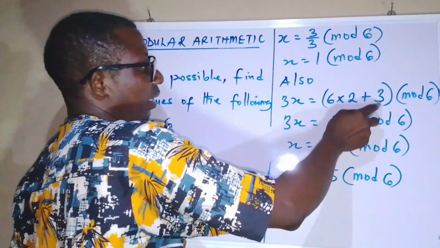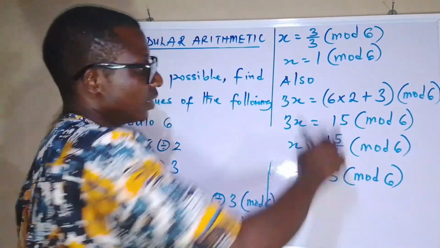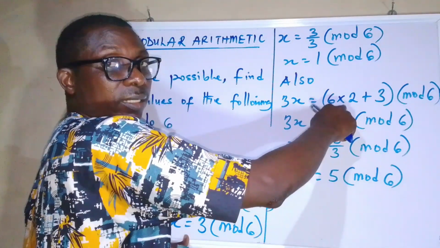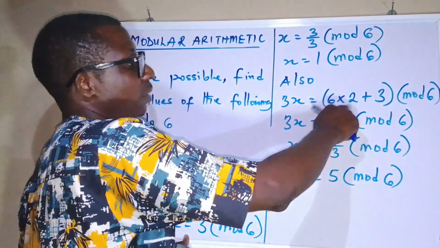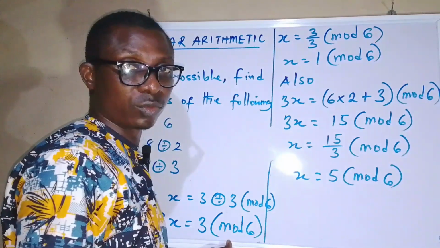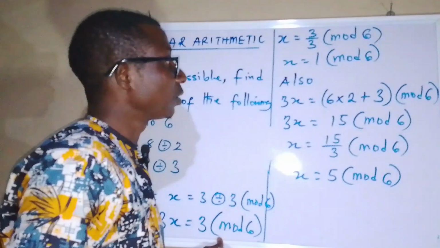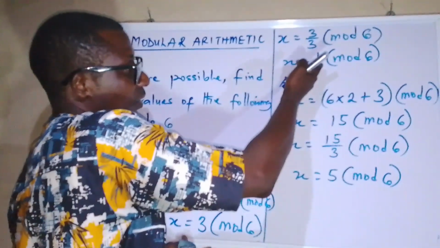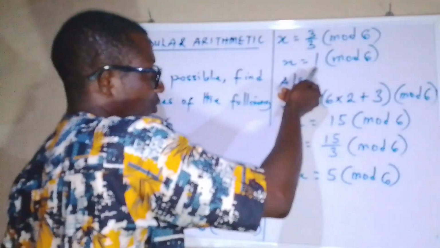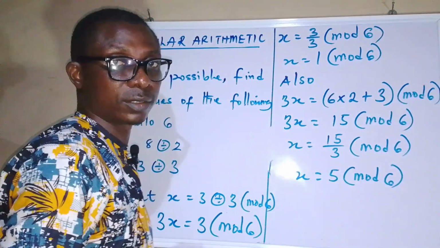When you add 18 to 3, that gives you 21. 21 divided by 3 gives you 7, and you end up having the same answer again. So the two answers we have here are 1 and 5.